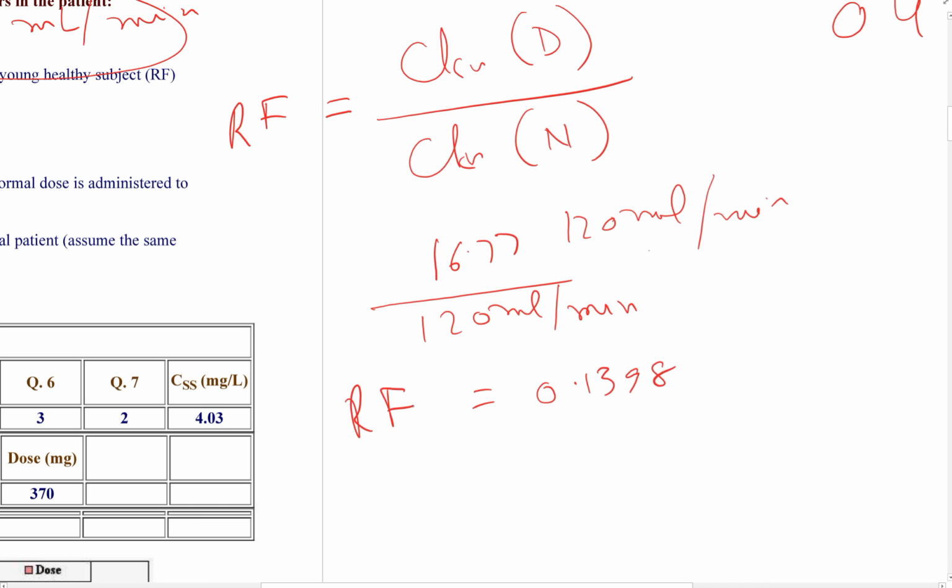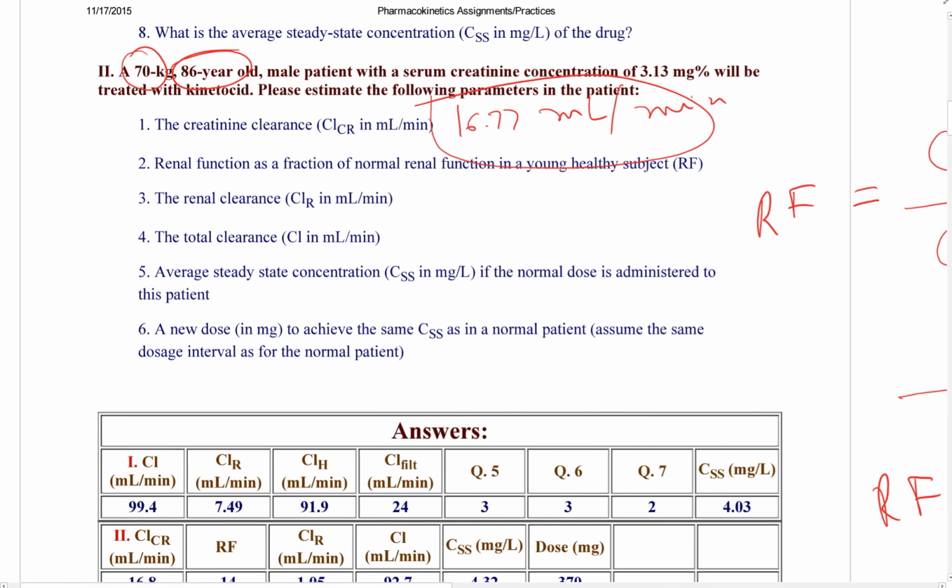Now, we have the renal function as a fraction, which is 0.1398. And now renal clearance.